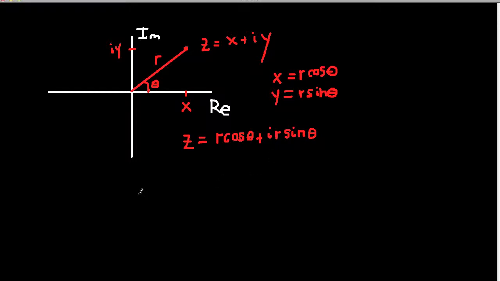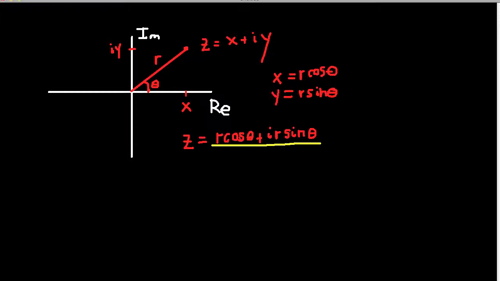Now, here's something that you probably have not seen before, and that's a way of writing this expression right here, this r cosine theta plus i times r sine theta. And we're going to use this particular notation.